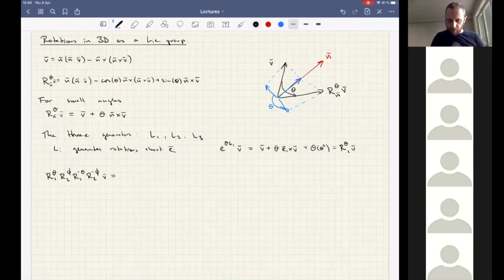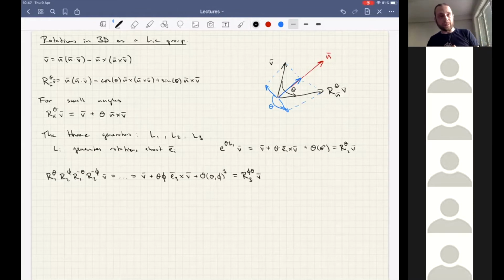If we do that, and we keep all the terms to the correct order, we're going to find that this is actually v plus theta phi e3 cross v plus higher order terms. So this is actually a rotation around the third direction. This is R_3(phi theta) acting on v, at least for small angles.